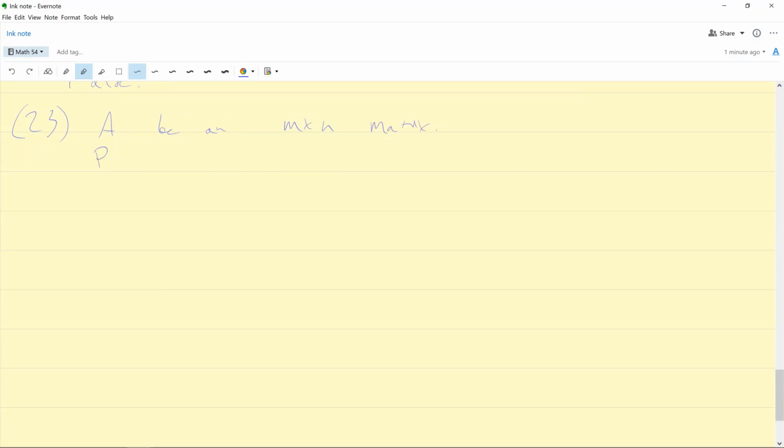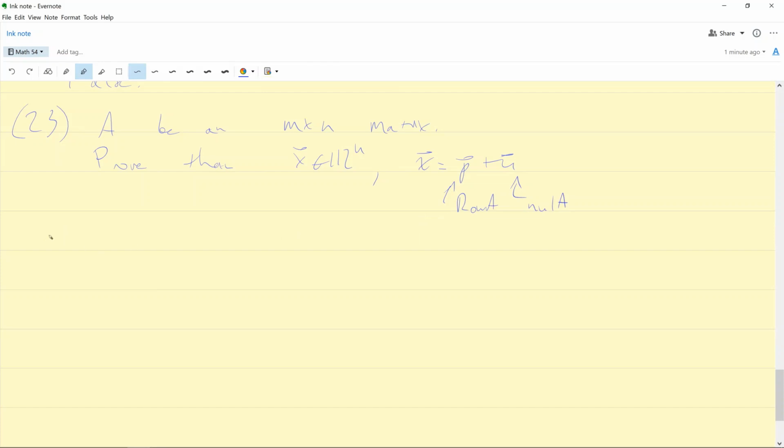Prove that for all x in Rn, x is going to be p plus u, where p is in Row A and u is in Null A.